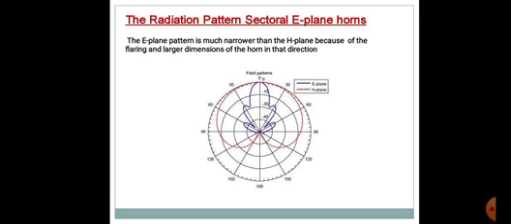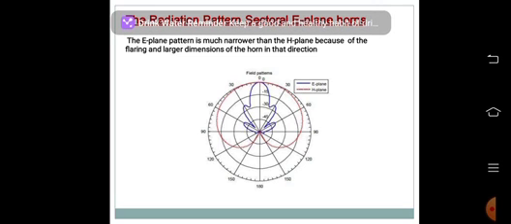On the screen you can see the direction pattern because of the E plane and H plane, but as in the E plane section the dimension and the flaring structure is larger than the H plane, that's why the radiation pattern beam we are getting is much narrower than that of the H plane.